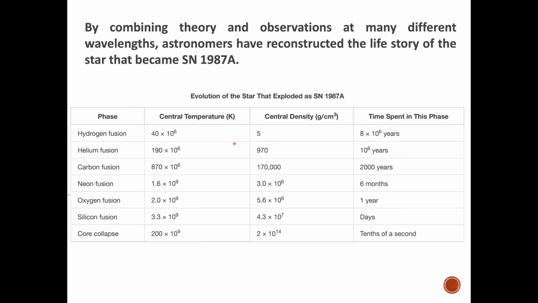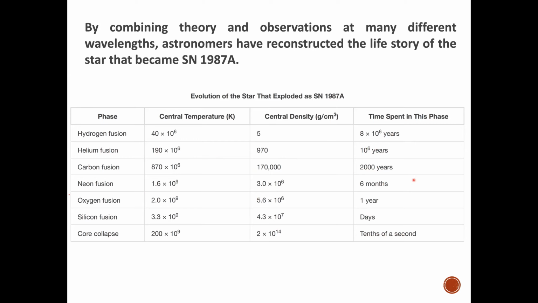According to that, the star that led to supernova 1987A spent around 8 times 10 to the power 6 years fusing hydrogen, then fusing helium, 10 to the power 6 years again, and carbon fusion took 2000 years, neon fusion 6 months, oxygen fusion 1 year, and silicon fusion days, and then core collapse happens in a 10th of a second, right? What you need to get from here is that when you go down each step, things happen very quickly, right?